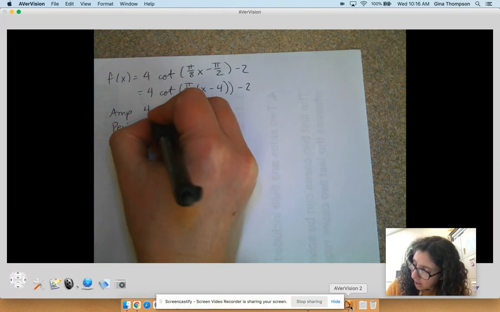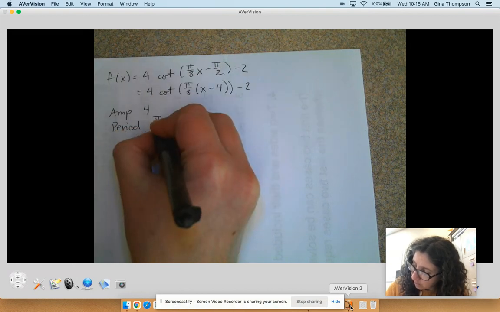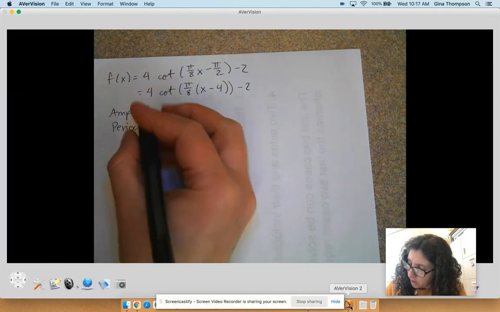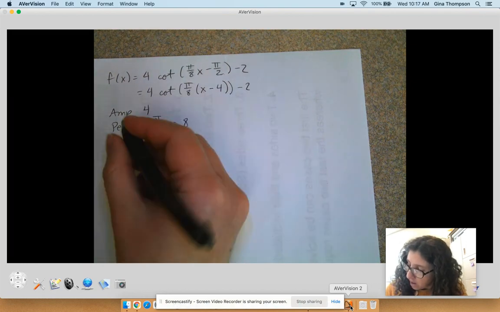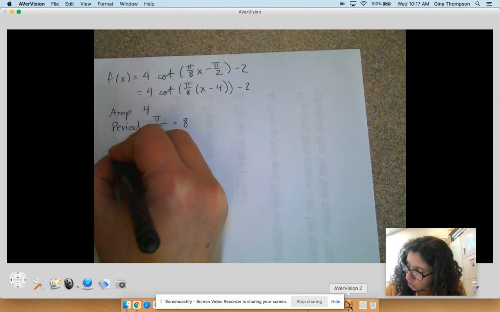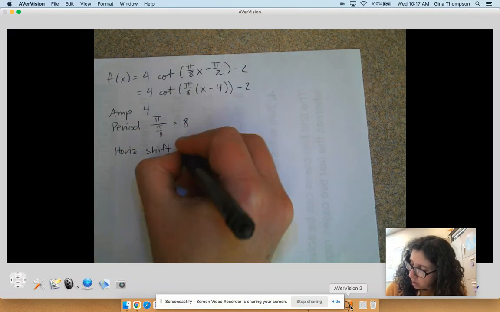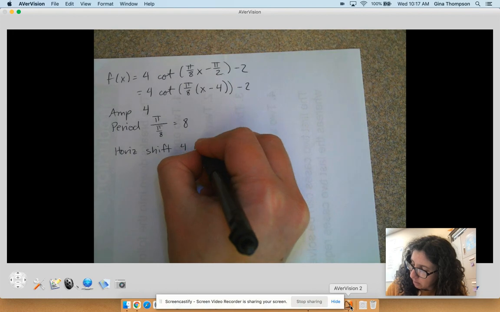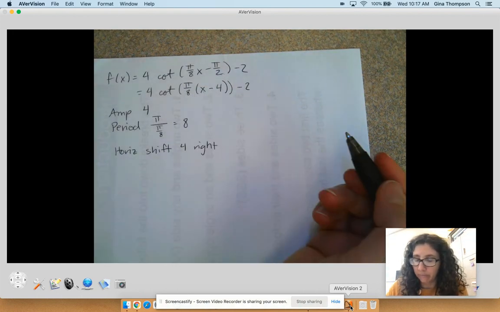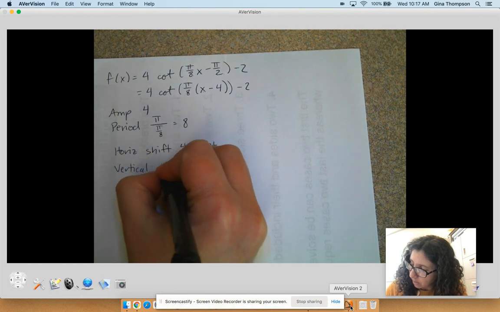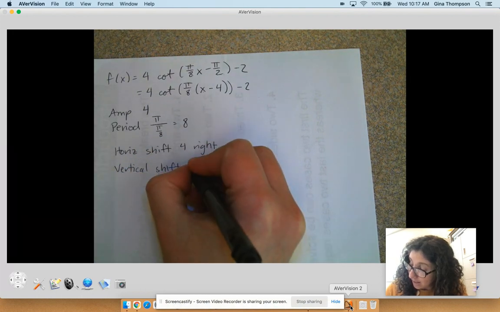Our period is going to be pi divided by pi eighths. So 8. Okay, that's interesting. That's big. Our horizontal shift is going to be 4 to the right, because it's x minus 4. And this vertical shift, which I hate, is negative 2.